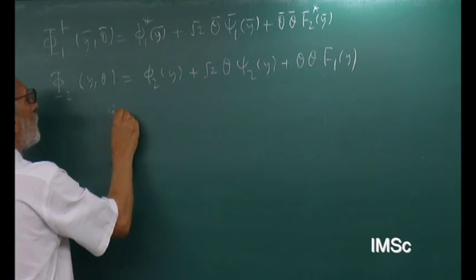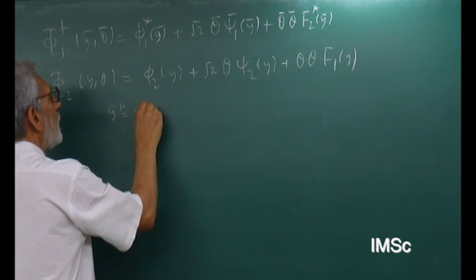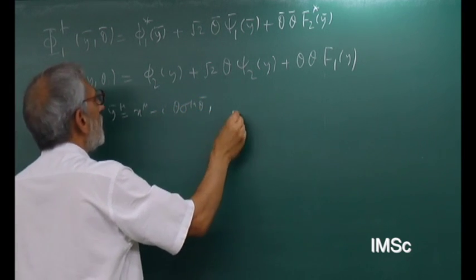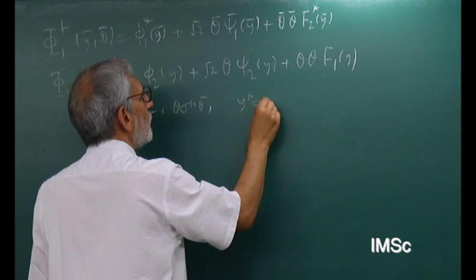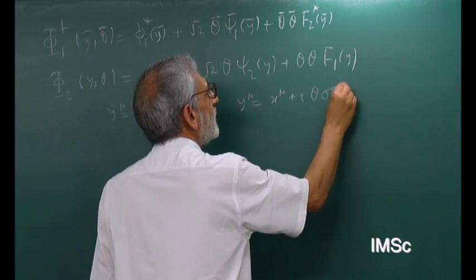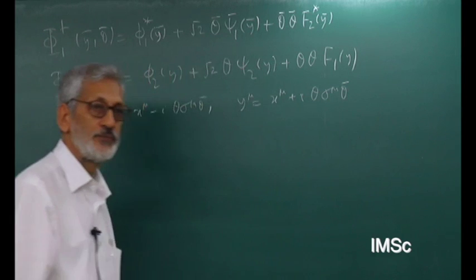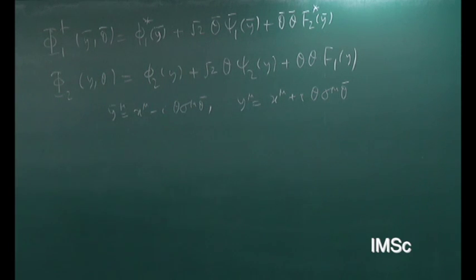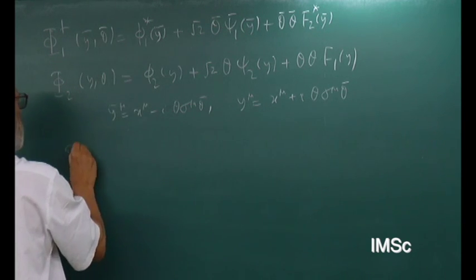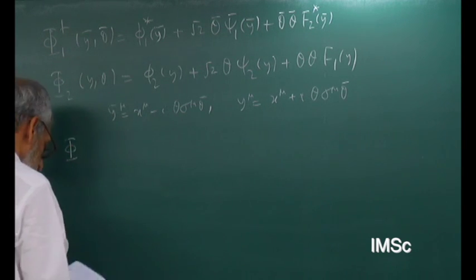Now y bar was x mu minus i theta sigma mu theta bar, and y mu was x mu plus i theta sigma mu theta bar. So I could put these back into it and make an expansion of these objects.